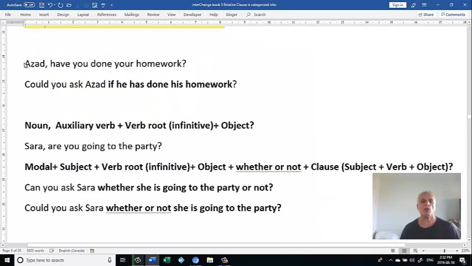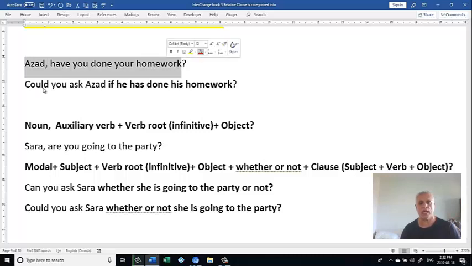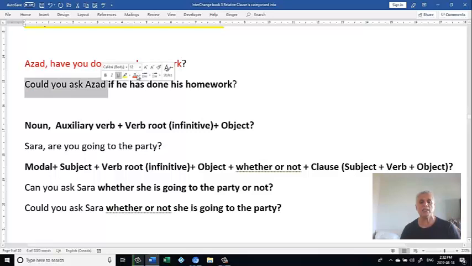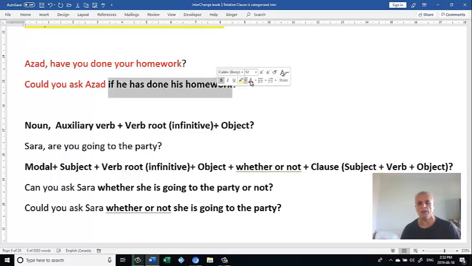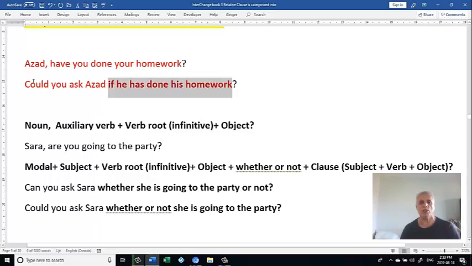Okay. Then we have another one, Azad, like a question: have you done your homework? That's a direct request. Then you could say, could you ask Azad if he has done his homework? Okay. You connect the two, we say, could you ask Azad if he has done his homework?